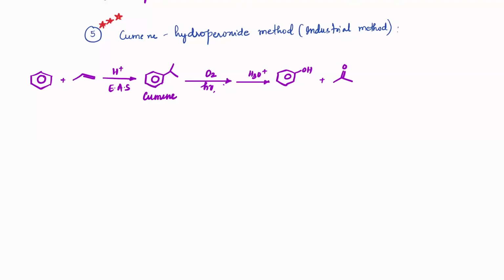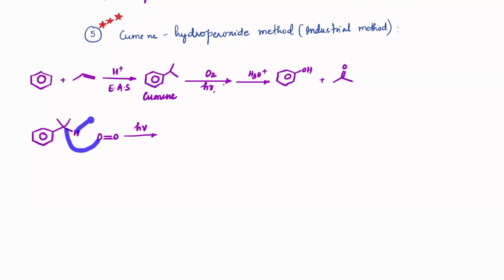Okay. So how does the mechanism go here? Please check. Cumene has one alpha hydrogen on it. As you react with O2 in the presence of H nu, it forms a radical here, and the carbon-hydrogen bond is also forced to convert into radicals.